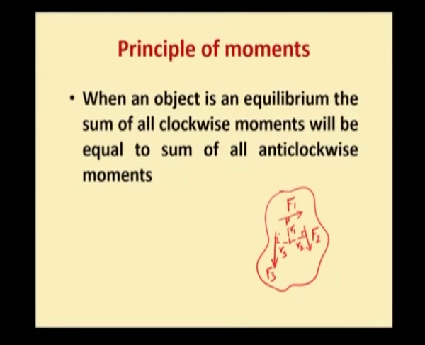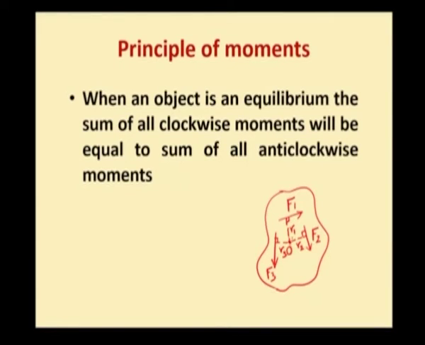Perpendicular distances of these 3 forces with respect to a point O. Now, this is the point O. Perpendicular distances for these 3 forces with respect to point O are small r1, small r2 and small r3. That is, perpendicular distance between O and F1 is small r1, the perpendicular distance between F2 and O is small r2, and the perpendicular distance between F3 and O is small r3.